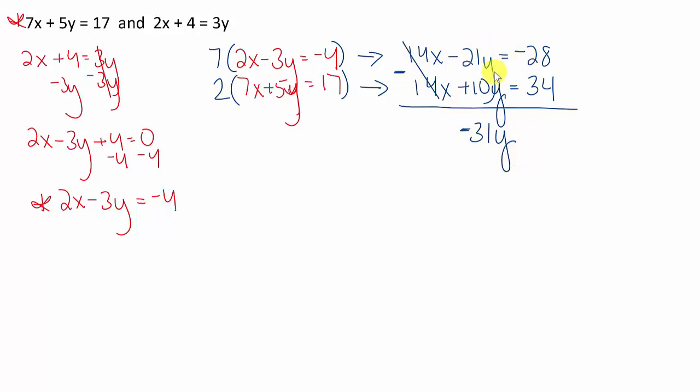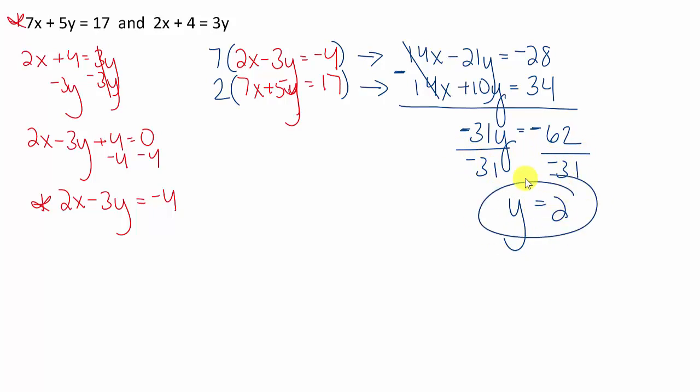Negative 28 minus negative 34, again, be very careful with your signs, is going to be negative 62. When I divide by negative 31, I get that y is equal to positive 2.